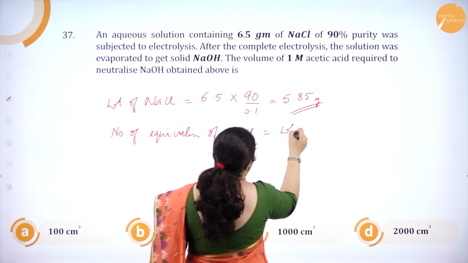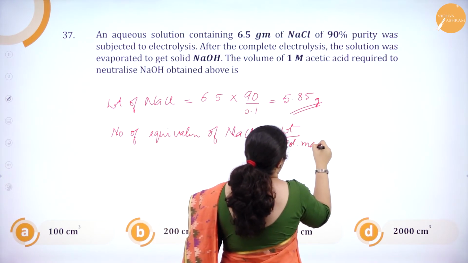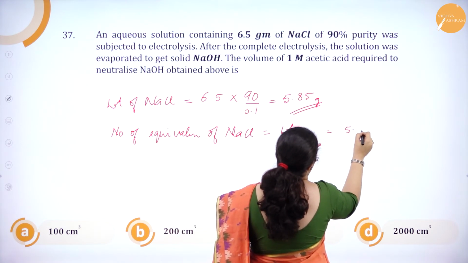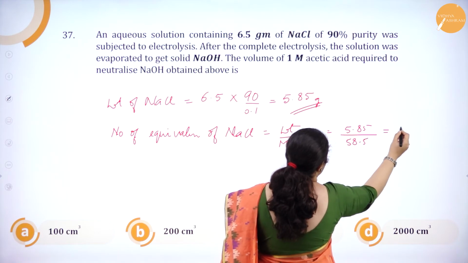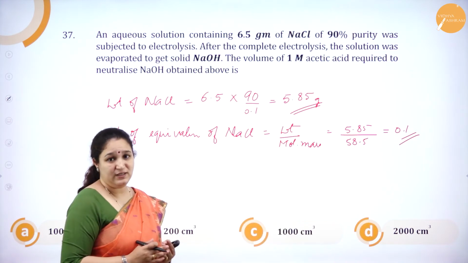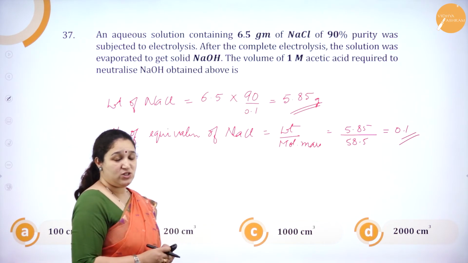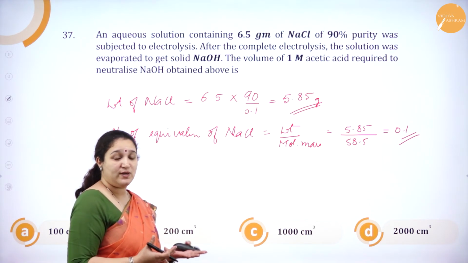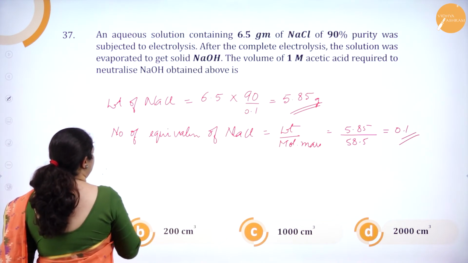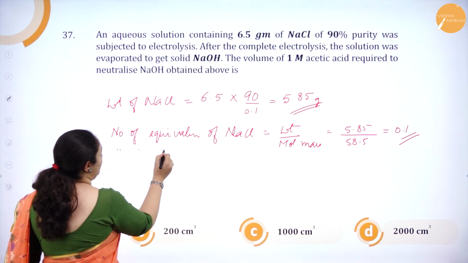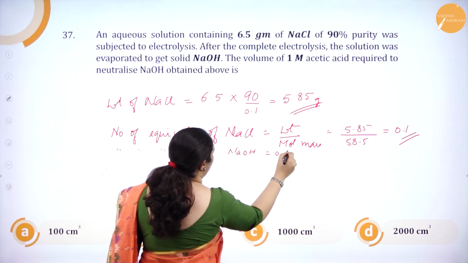It's the weight by molecular mass. Weight is 5.85, molecular mass is 58.5. This is nothing but 0.1, isn't it? So all the NaCl was converted to NaOH. So the number of equivalents of NaOH is also equal to 0.1.